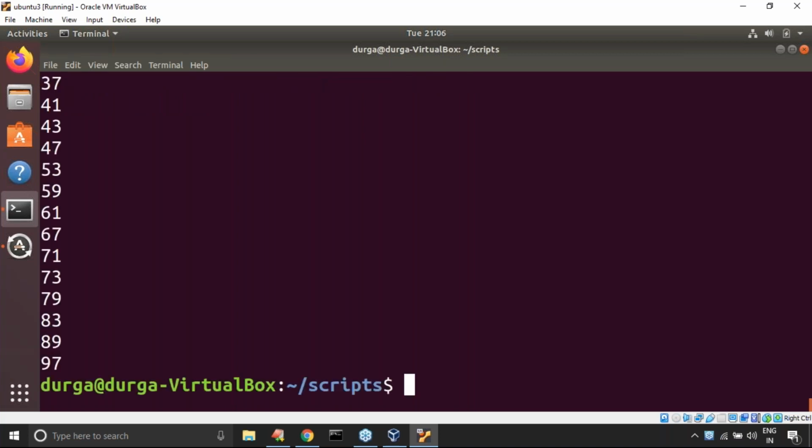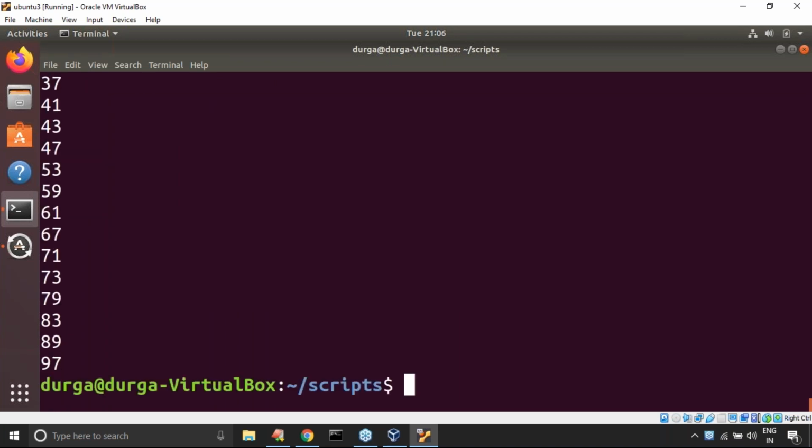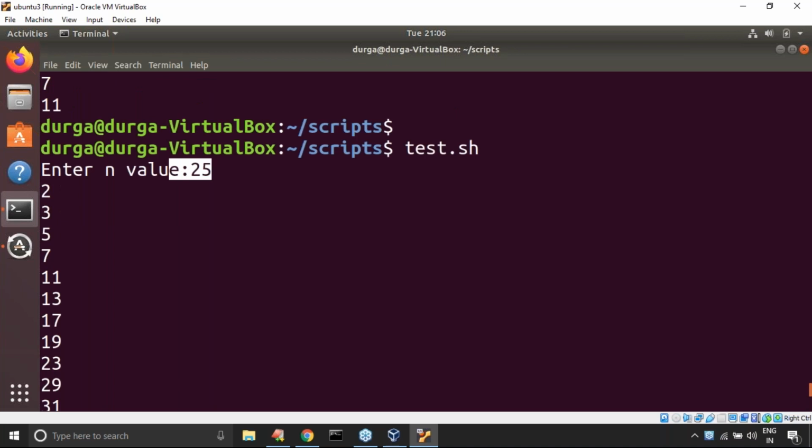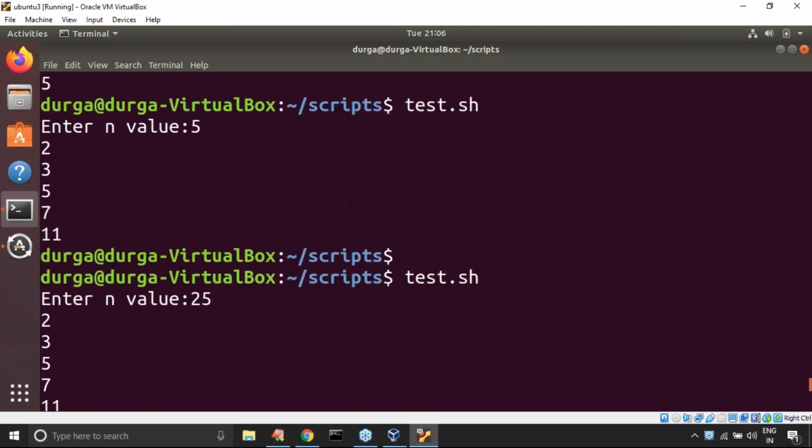Now observe that. These 25 prime numbers are less than or equal to 100. So the first 25 prime numbers and the prime numbers less than or equal to 100 are the same thing only.